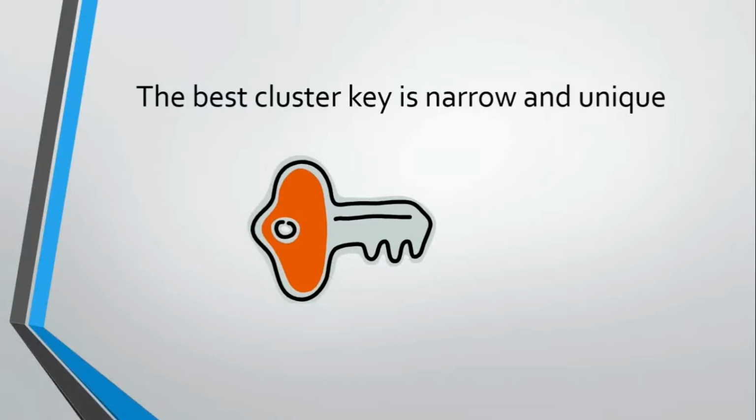If I pick something like state for my cluster key and I had a whole list of cities, the problem there is I'd have very low selectivity because, at least for the U.S., I'd have only 50 different keys and I might have hundreds of thousands of rows. So we want to make it more unique.